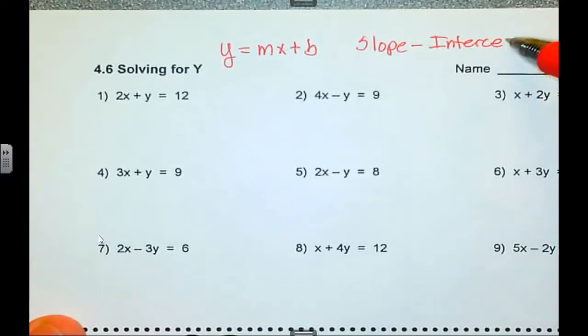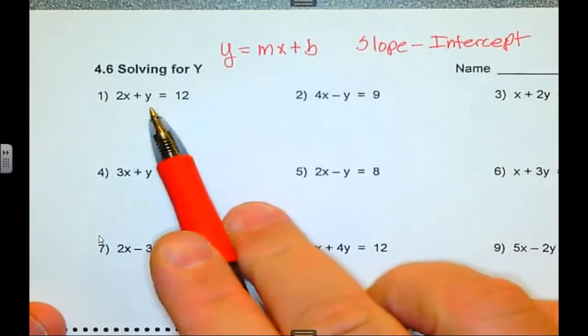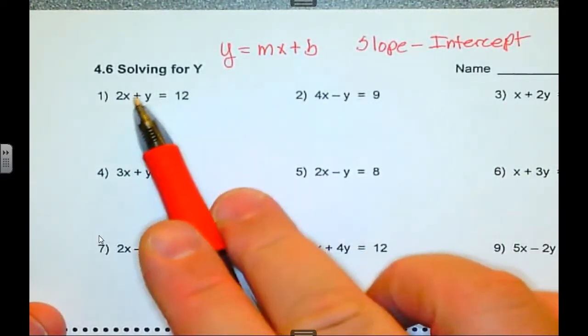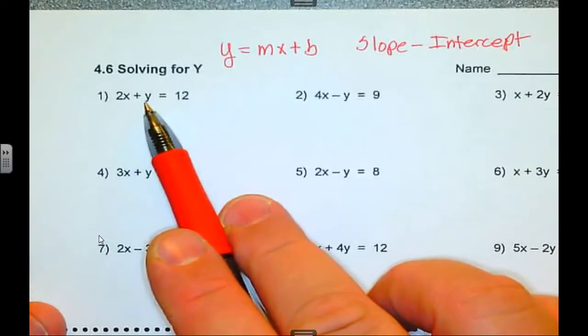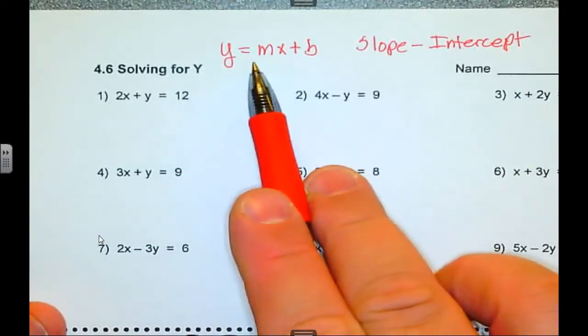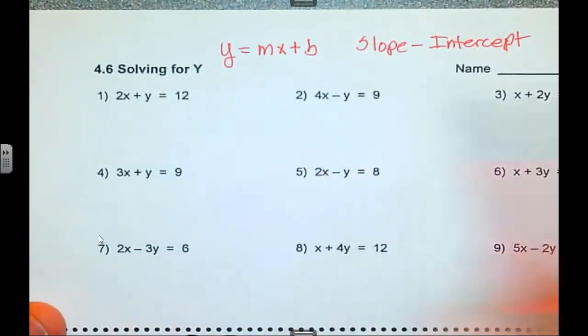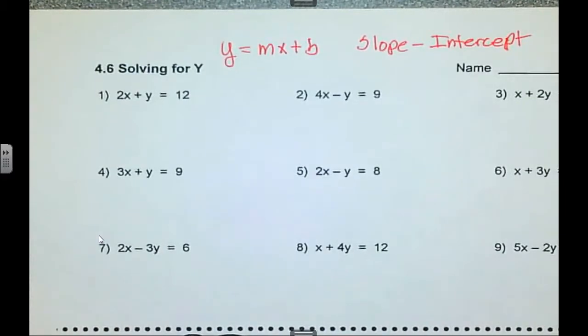We already did a lot of this. Now we're going to change the formula. This is in standard form. We're going to make it slope-intercept form because we're very familiar with it and it's easy to graph.